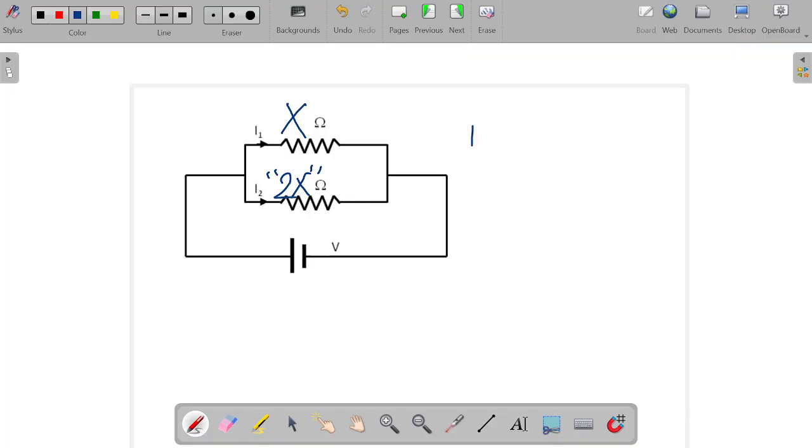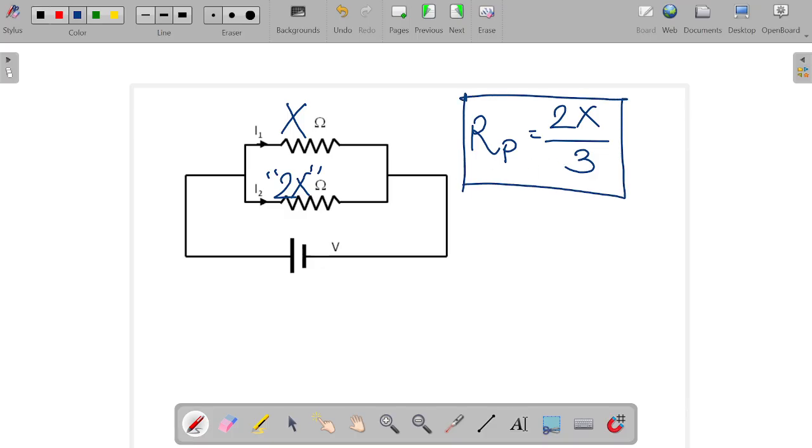So its effective resistance is given by 2x by 3. This is your direct answer.